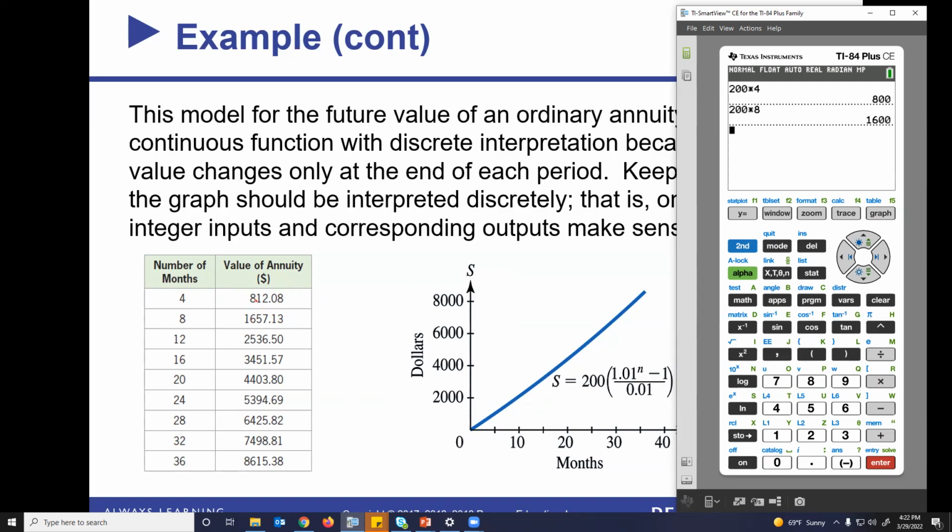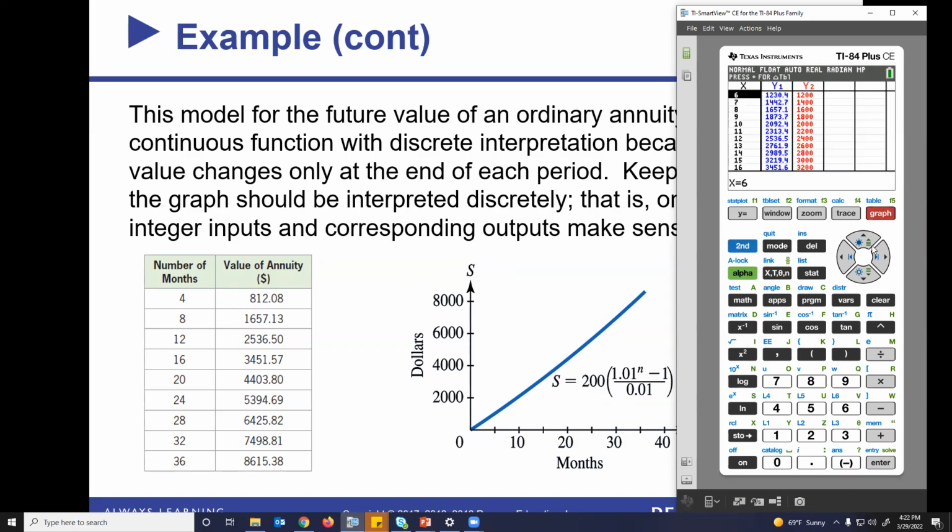So not only is my money going up based upon what I put in there, let's actually look at that. Let's plug in 200 times X, because that's how much money I'm putting in, and then this is with interest. When I look at that table, I'm noticing that the longer I keep putting money away, the more money in interest I'm getting versus how much I've actually put in.